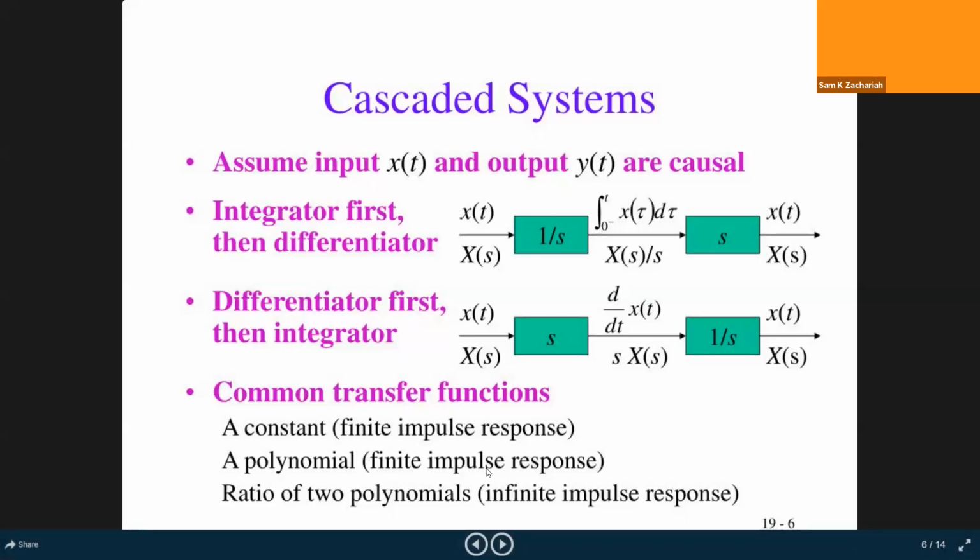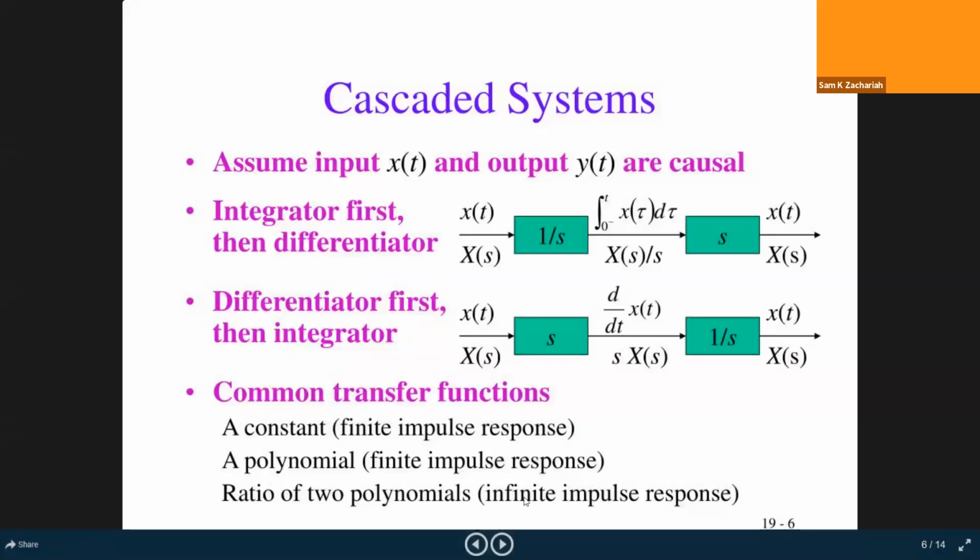It is having finite impulse response. What does it mean? If you give a unit impulse command, its response will vanish within finite time. Another type of transfer function is the ratio of two polynomials. The numerator, say, as square plus bs, divided by cs cubed plus ds square plus es plus f.